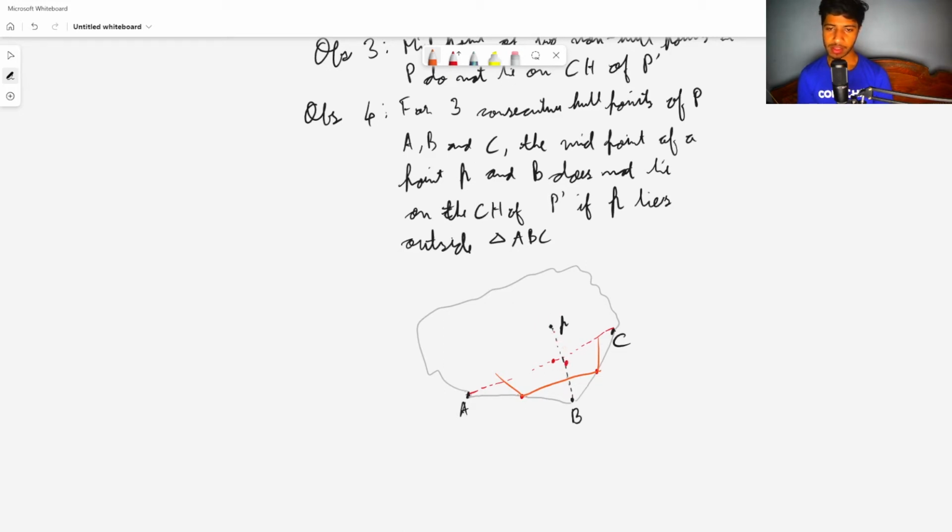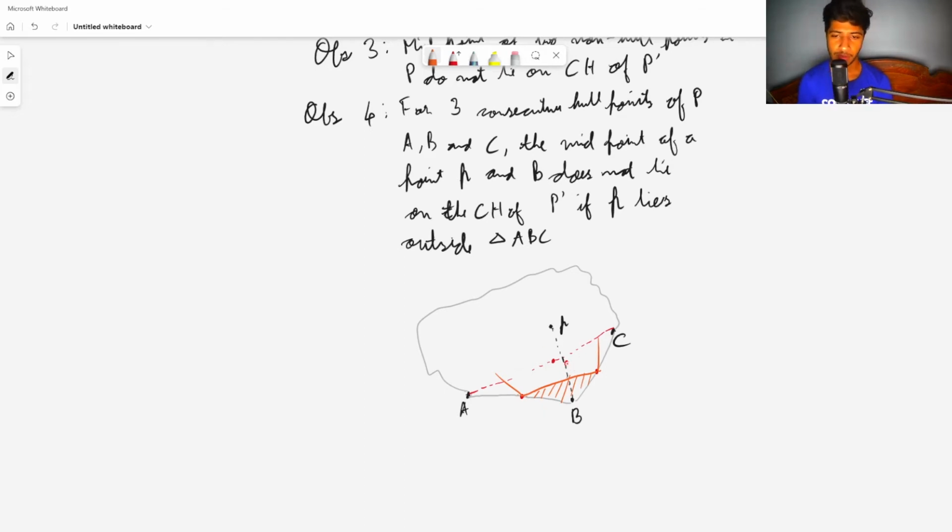So, when can the midpoint of small p and B be on the convex hull of P dash? Only when the midpoint lies somewhere in this area, right? For the midpoint to lie in that area, small p must be inside the triangle at least. Is that correct? Try to understand.